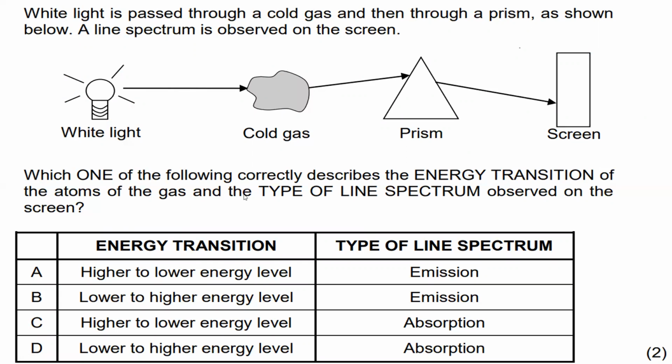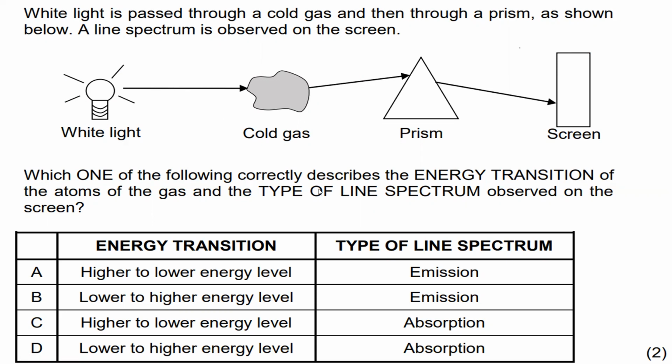Please try. Let's try first and then just remember absorption. Taking all energy and then changing to cold, temperature decreasing, remember that. And for absorption, energy is changing from a lower to a higher energy level.